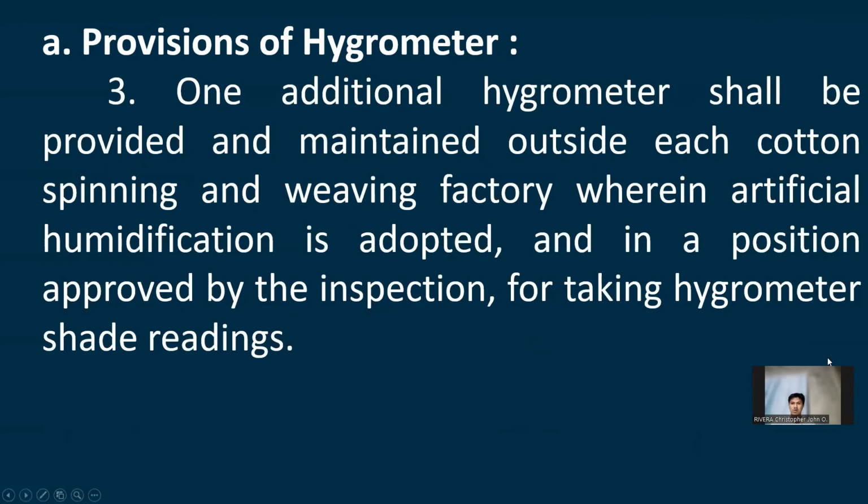Three, one additional hygrometer shall be provided and maintained outside each cotton spinning and weaving factory wherein artificial humidification is adopted and in a position approved by the inspector for taking hygrometer shade readings.